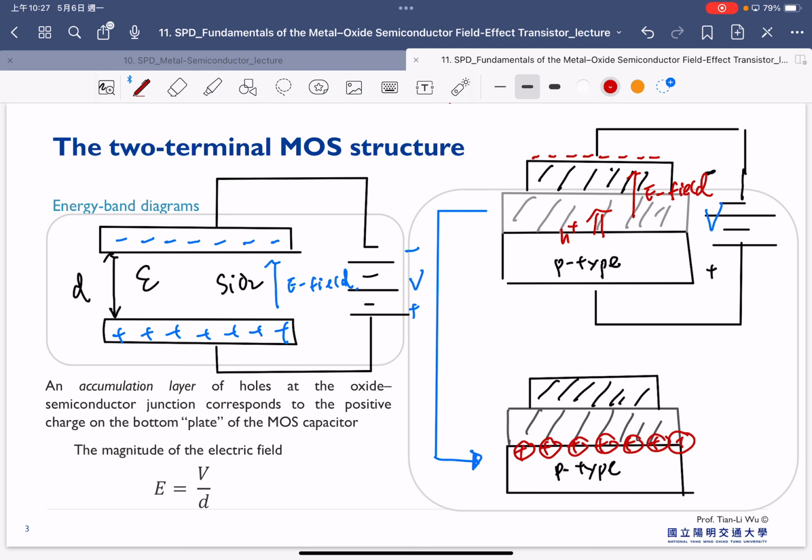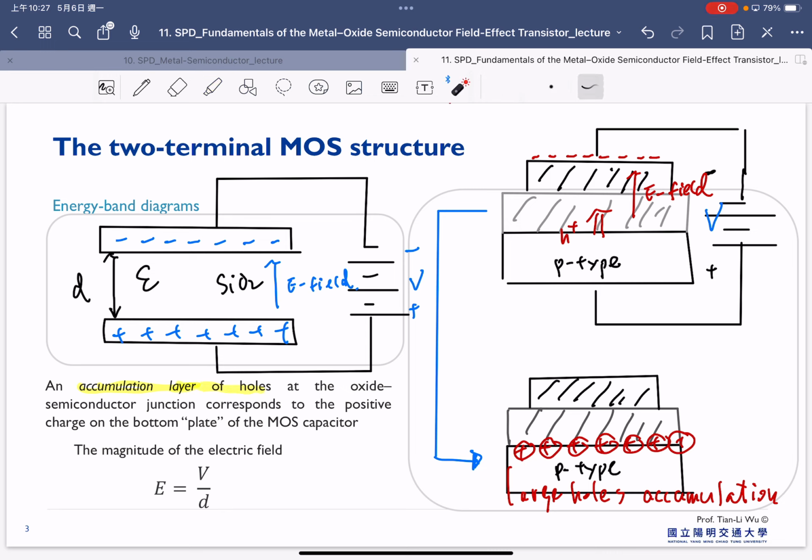So there will be a large hole accumulation here, and that's why we call this an accumulation layer of holes.